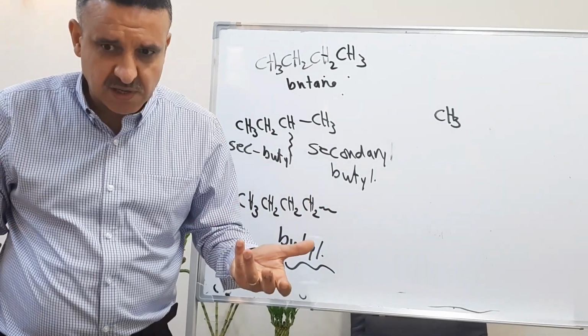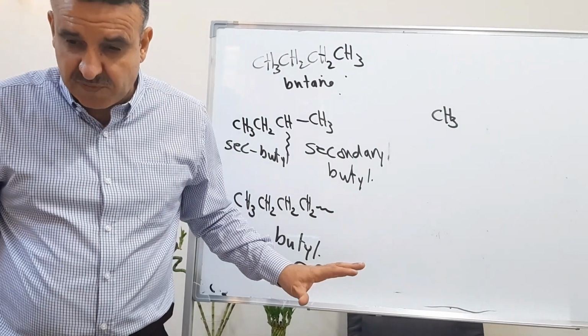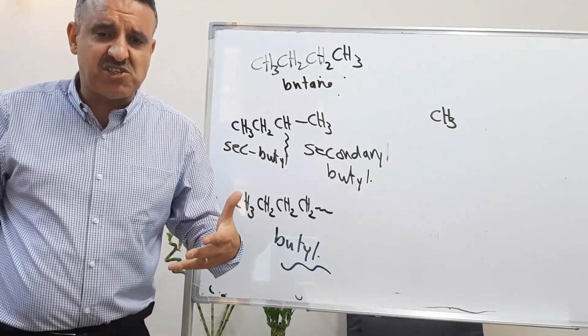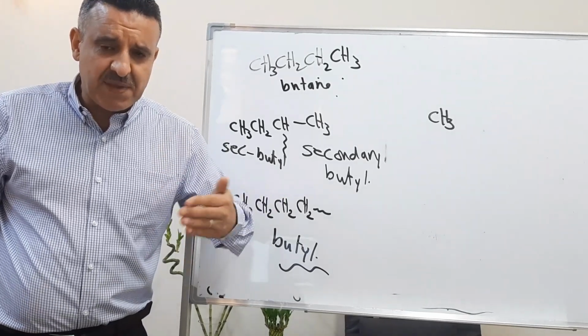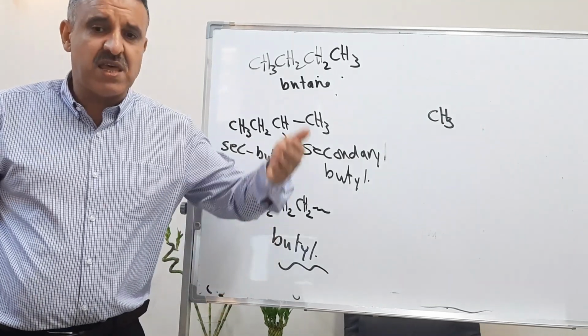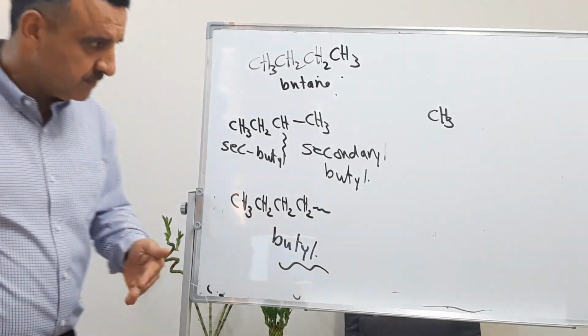We should accept the name as such. There is no logical explanation other than that the scientific community of chemists dealing with nomenclature agreed to do so. You follow me? Yes. All right.